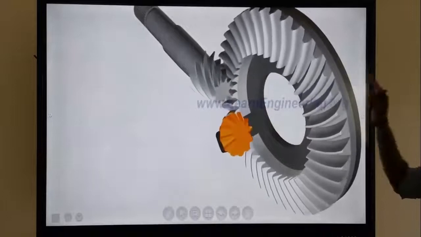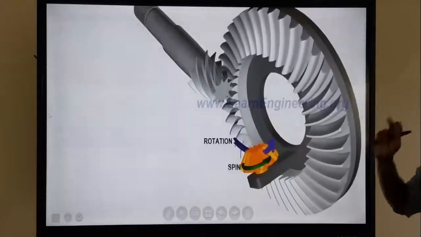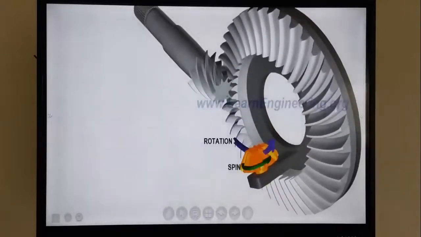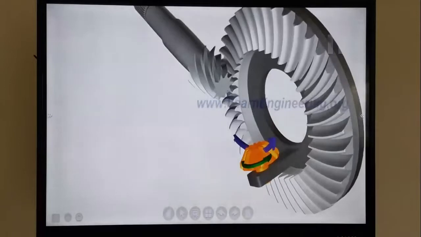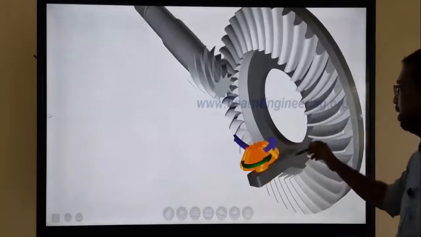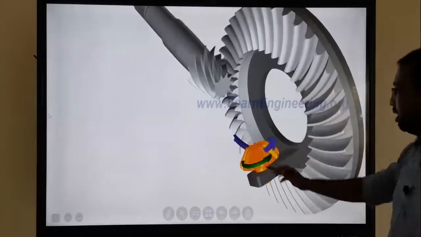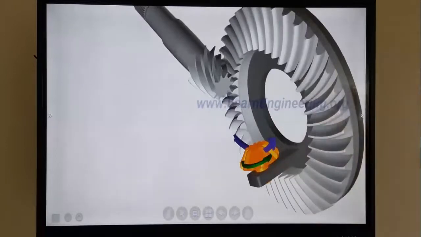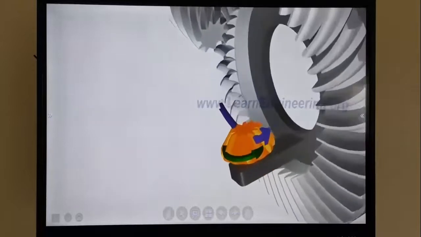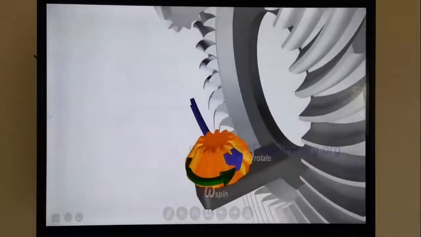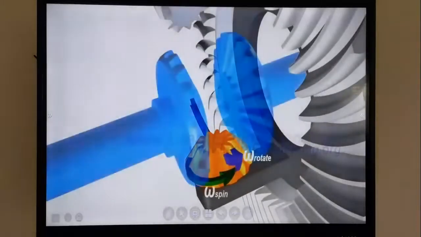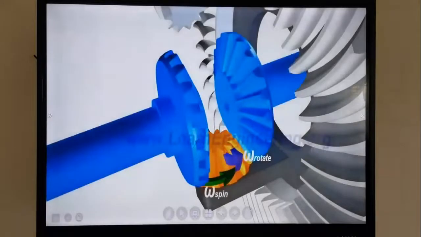This time it produces two kinds of motions. This blue line rotates along with the ring gear, and this green one is spinning. That is omega rotate and omega spin, which is now connected with this side gear.